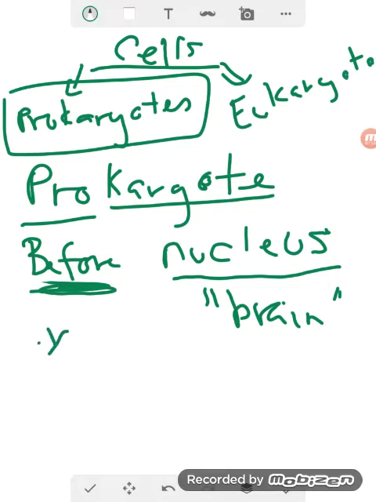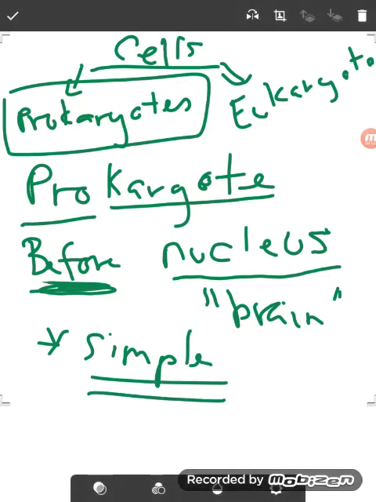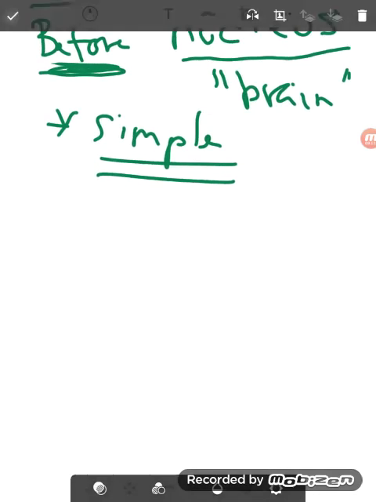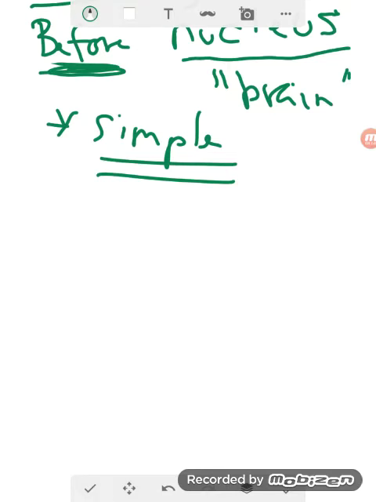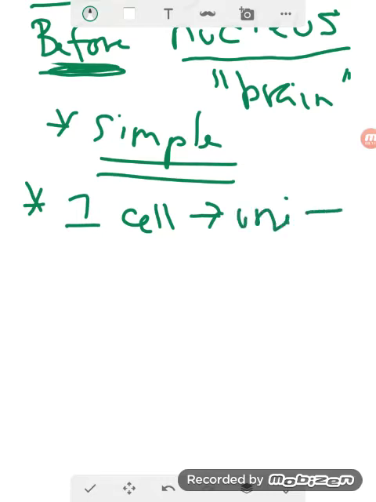So these types of cells are super duper simple cells, okay? And my super duper simple cells, that means, in addition, these are going to be one cell big because they're so simple. And my one cells, as we've already said, these are going to be my unicellular.